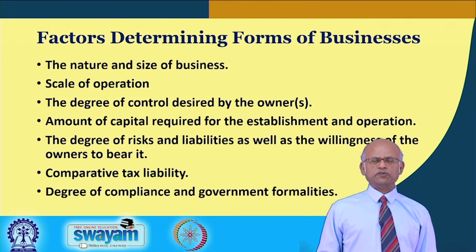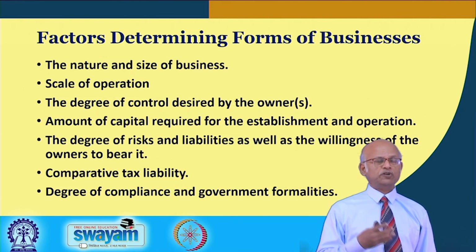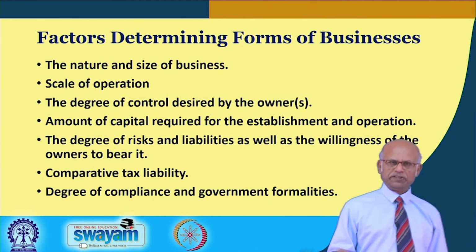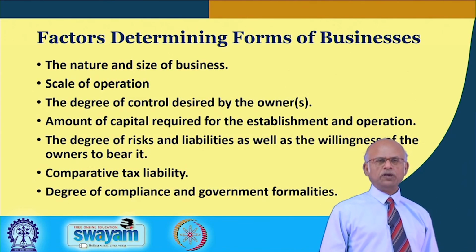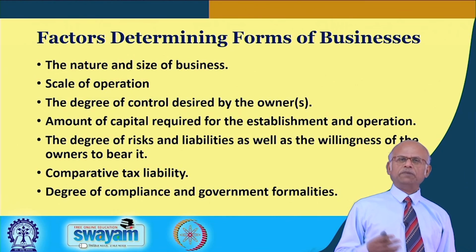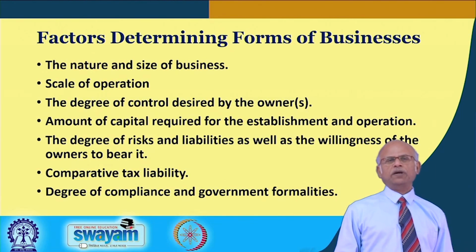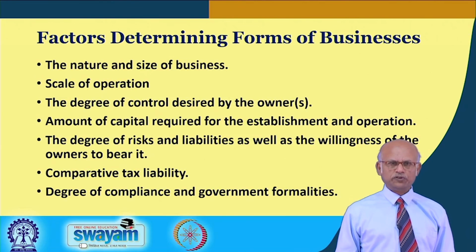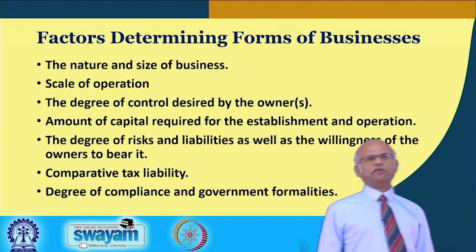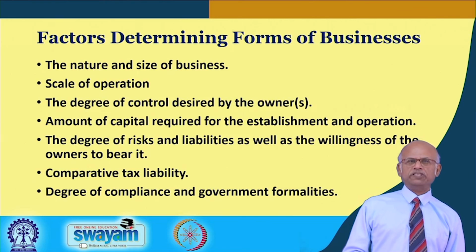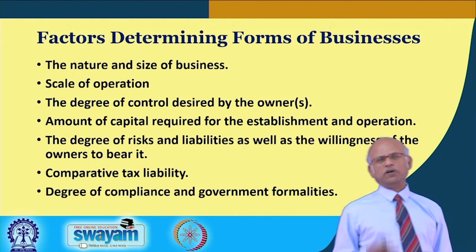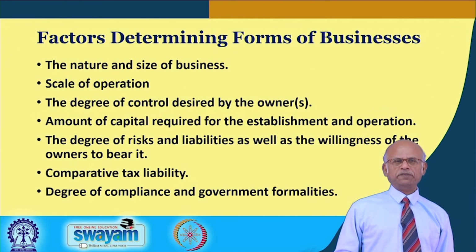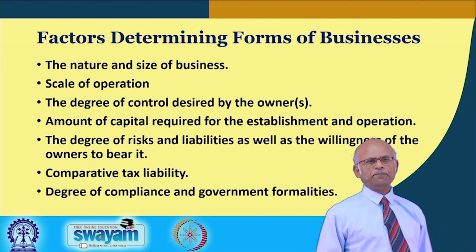Then the degree of control desired: if somebody wants full control and thinks he or she has the major contribution, they can go for proprietorship. If they want a balance of complementary skills contributed by multiple people, then they have to lose some control. So, depending on the level of control desired, ownership may change. Amount of capital required: if you want huge capital, go for public limited; if capital is not required, decide accordingly.